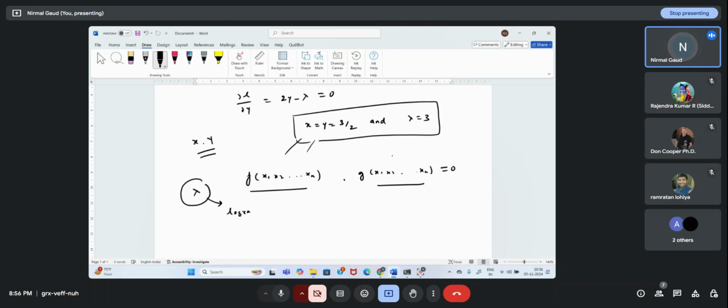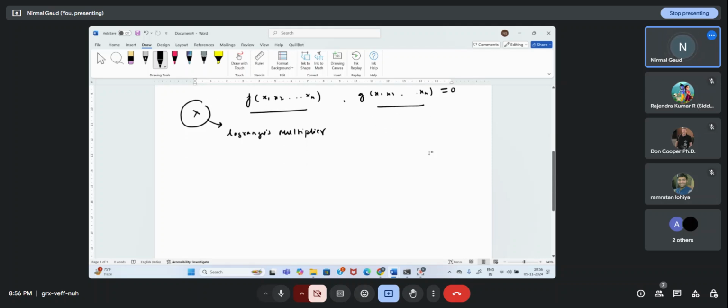This is Lagrange's multiplier, lambda. And you have already seen the function L of x1, x2, up to xn, that is equal to f of x1, x2, up to xn plus lambda into g of x1, x2, up to xn.